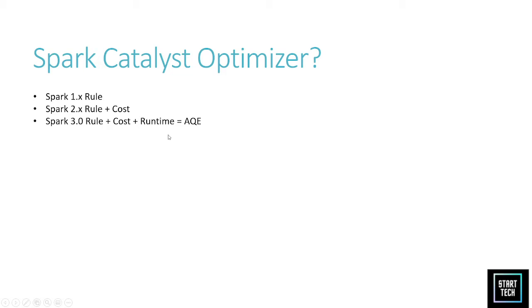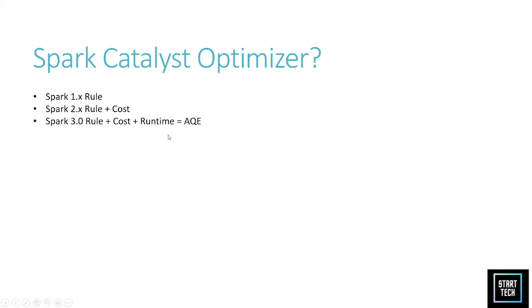But now in 3.0, it gives the flexibility of choosing the right plan for your query to run at runtime. So in Spark 3.0 it gives much more flexibility and performance optimization.